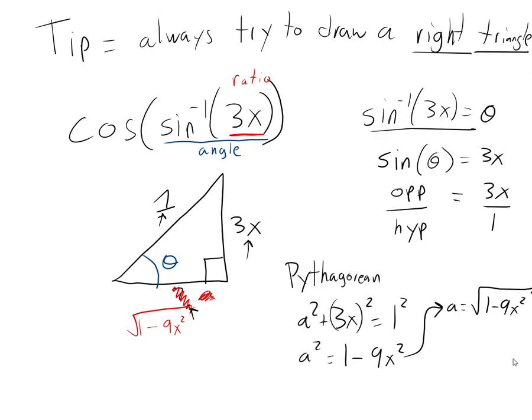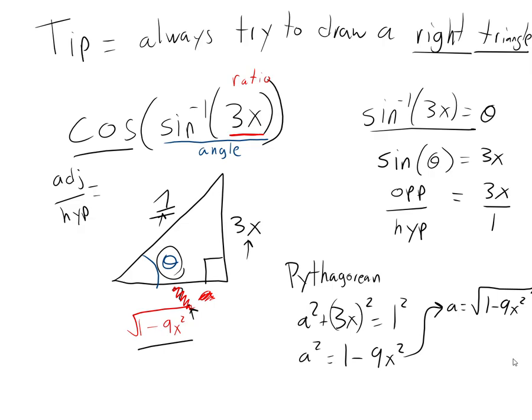So, once again, reminder, my goal was to take the cosine of the inverse sine of 3x. And what I've managed to do is write a right triangle where I can find the cosine of that angle. Well, reminder, cosine is adjacent over hypotenuse. I now have the adjacent and I have the hypotenuse.